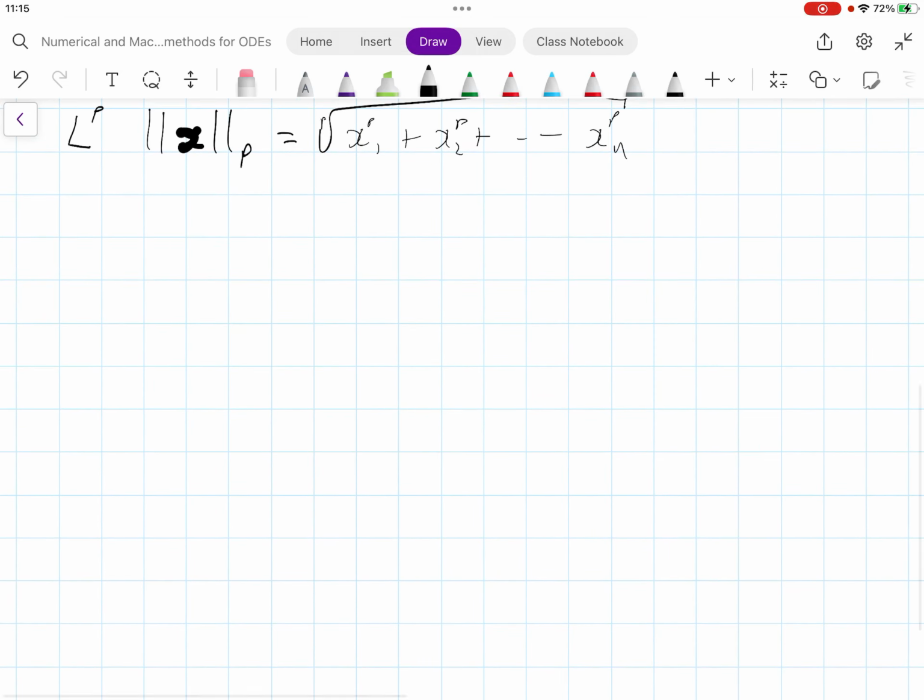And then there's the max norm. And once again, it's a choice. We have a summation and so forth, but the maximum norm, which is also known as the infinity norm, is the max of the elements' absolute values, x1 to xn.